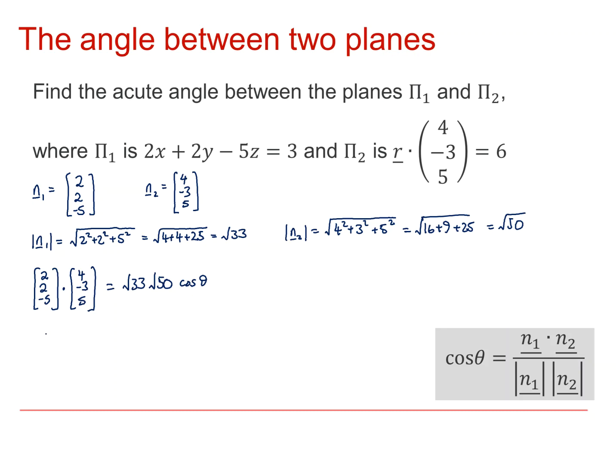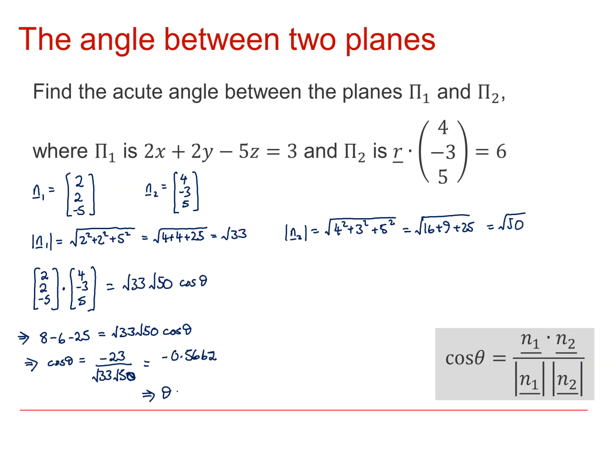Working out the dot product, I've got 8 minus 6 minus 25 equals root 33 root 50 cos theta, and therefore cos theta is equal to minus 23 over root 33 root 50. And that's equal to minus 0.5662.